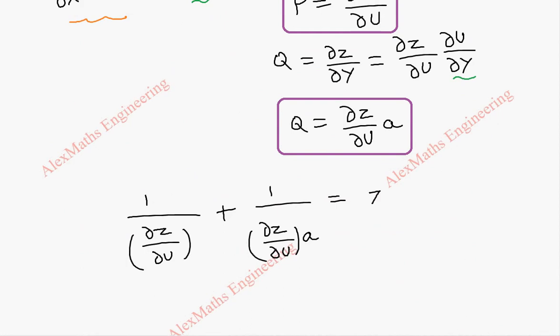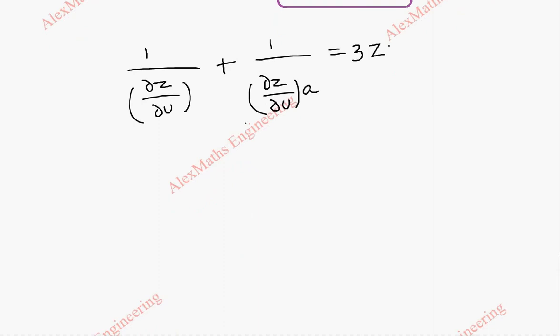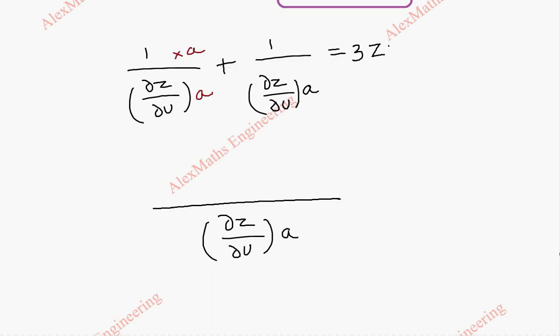So we got finally like this 3z, and now we can take the LCM, and the LCM becomes dou z by dou u into A. So here, to make a common denominator, we purposely multiply by A here. So the numerator becomes A plus 1, and on the other side it is 3z.